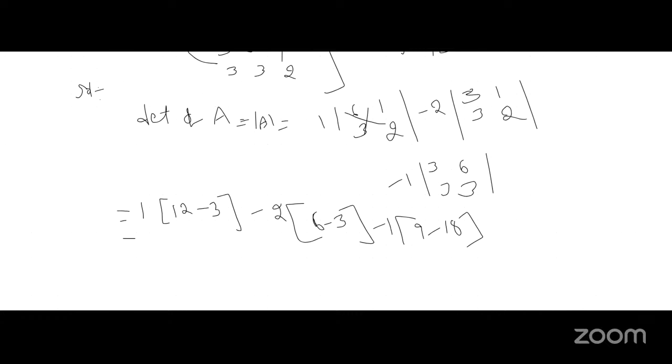So this becomes 9 minus 6, 6 minus 3, 3, 3 into 2, 6. Next, 9 minus 18 is -9. Already the minus is there, so that becomes +9. So 18 minus 6 equals 12.